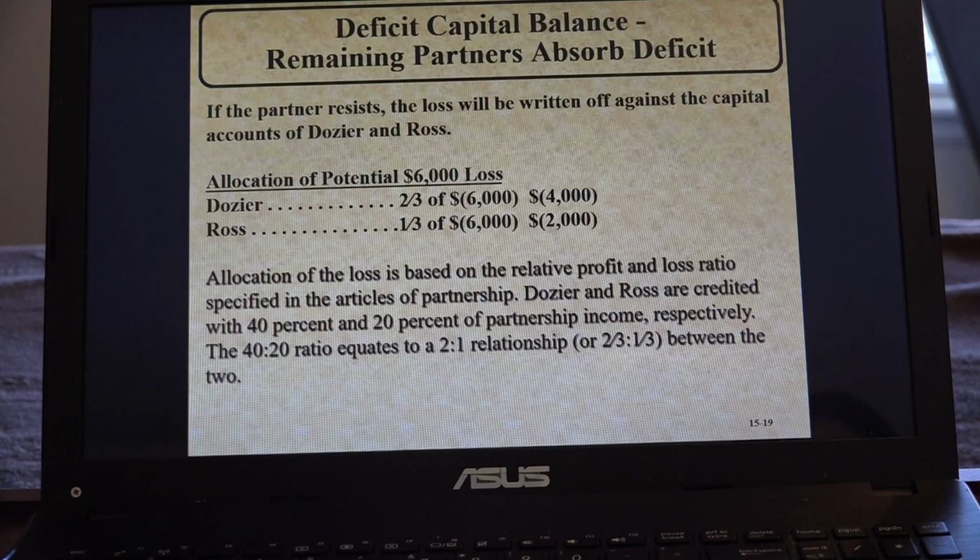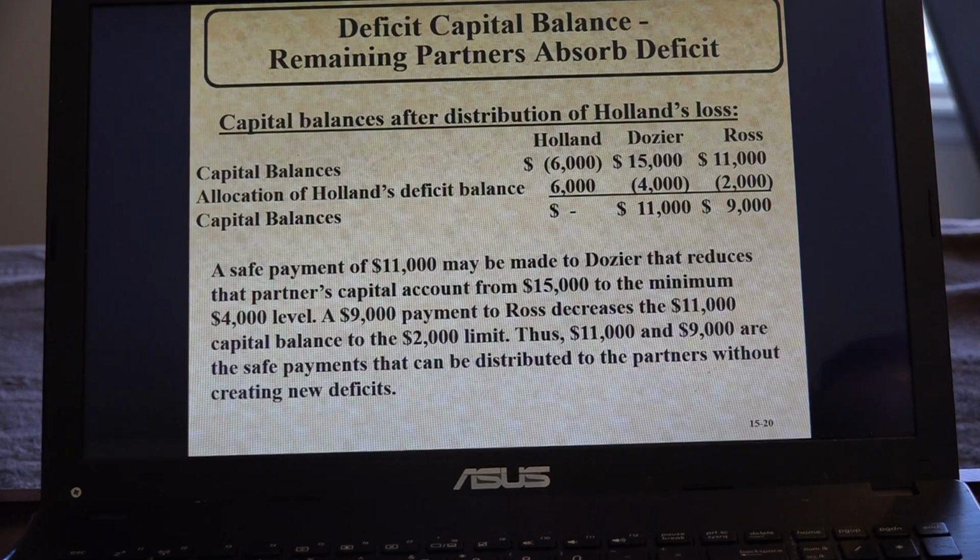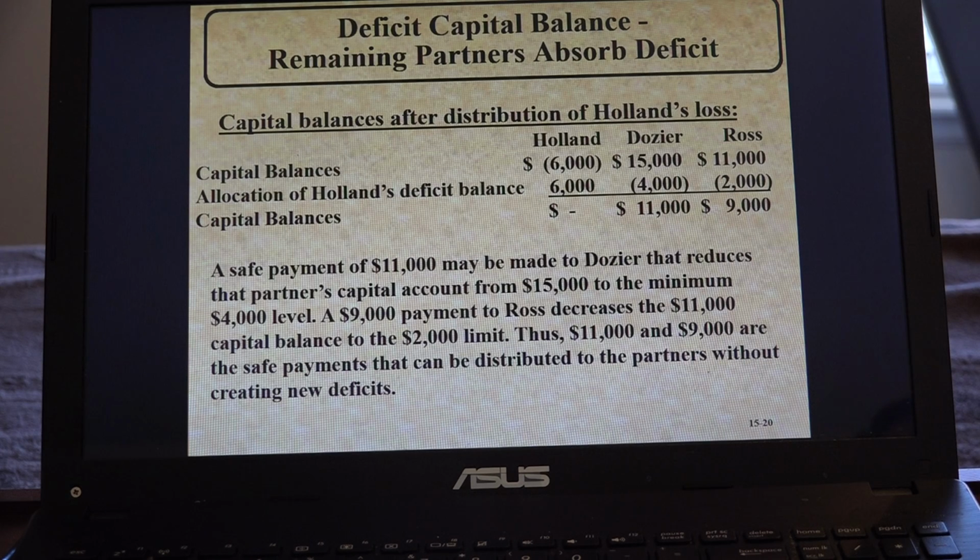So those two balances correspond directly with the amount of cash that's left. And so at that point, a safe payment can be made of 11,000 to Dozier and 9,000 to Ross.